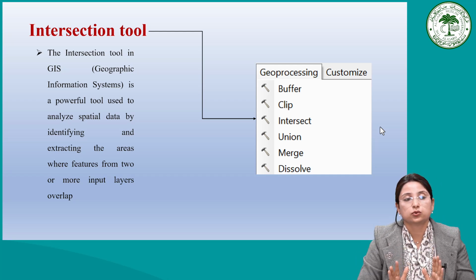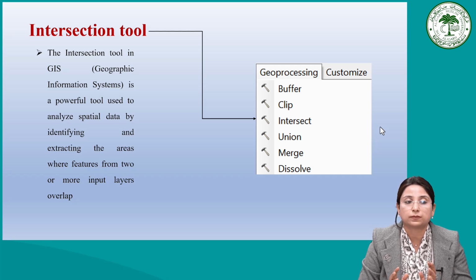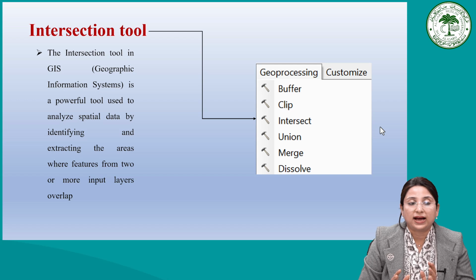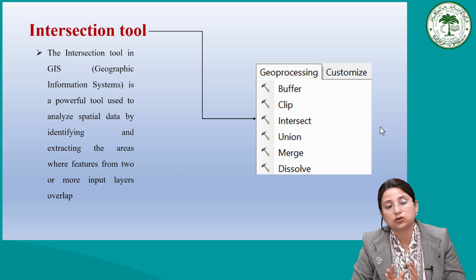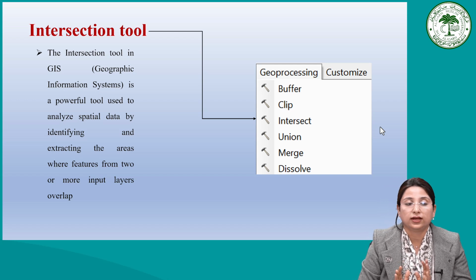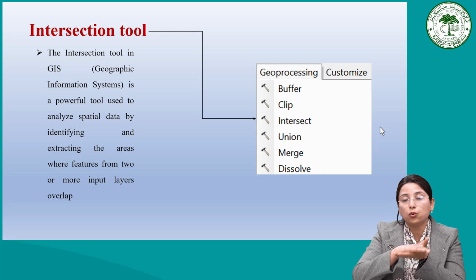So the intersection tool is a very powerful tool used to analyze spatial data by identifying and extracting the areas of intersection, or where the features from two or more layers overlap.